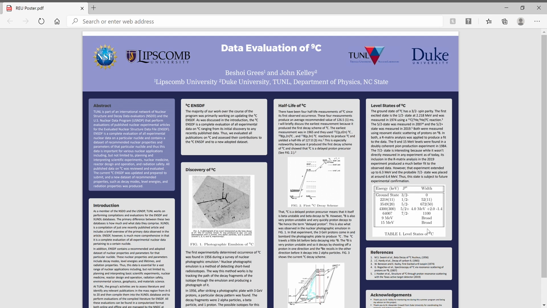And so they determined that there is a probable 7/2+ state for Carbon-9 at around 6400 keV. But their experiment only went up to 6.3 MeV, and so they determined that this is subject to future experimental confirmation, so this is a probable state. However, it hasn't been experimentally determined.